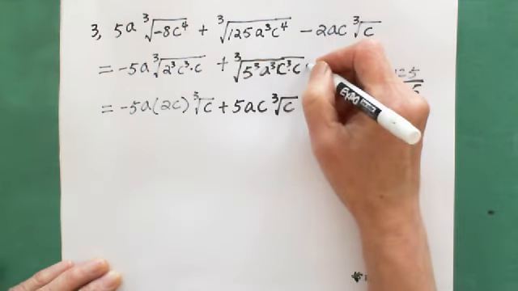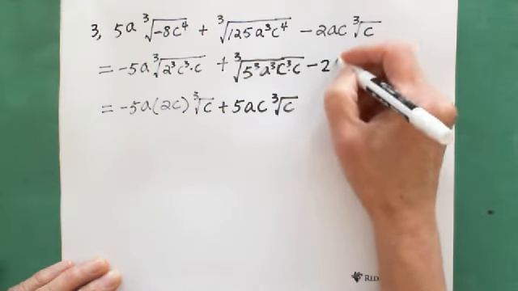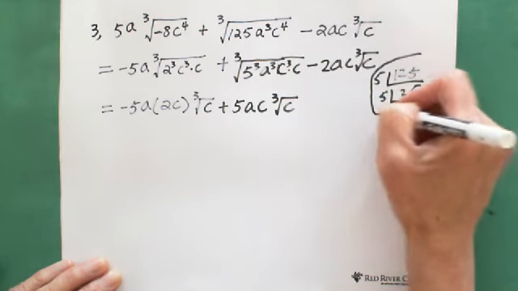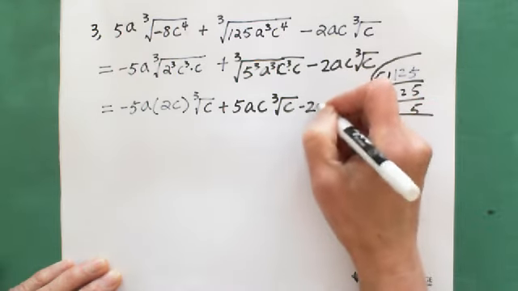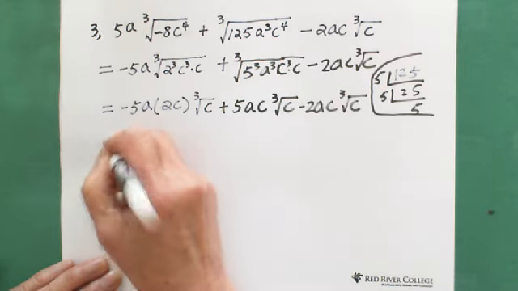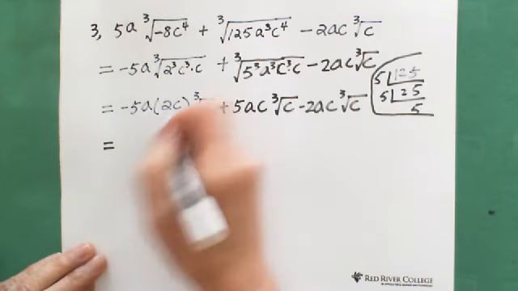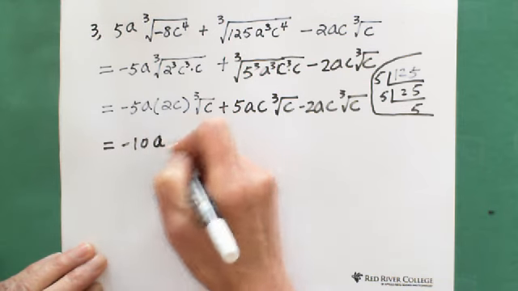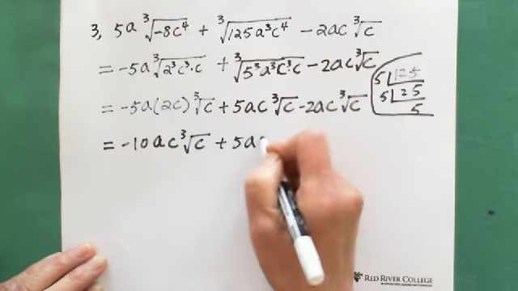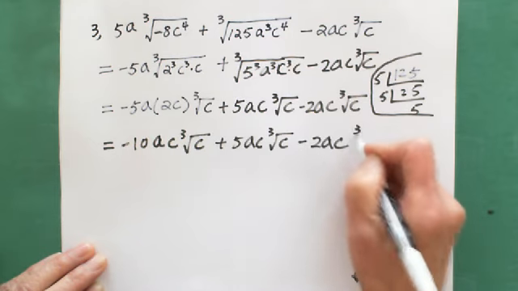The last term is minus 2ac cube root c. There's nothing we can simplify, so we keep this one, 2ac cube root c. So this first term we can write as negative 10ac cube root c, and this is 5ac cube root c minus 2ac cube root c.